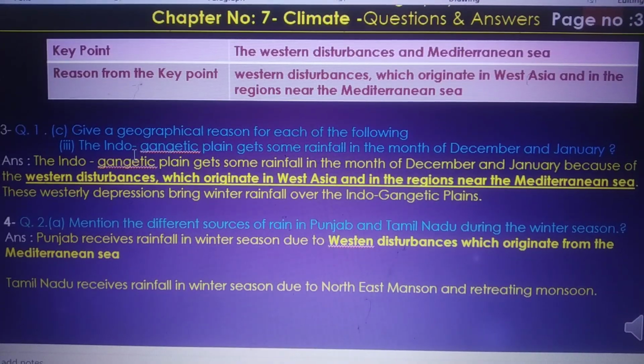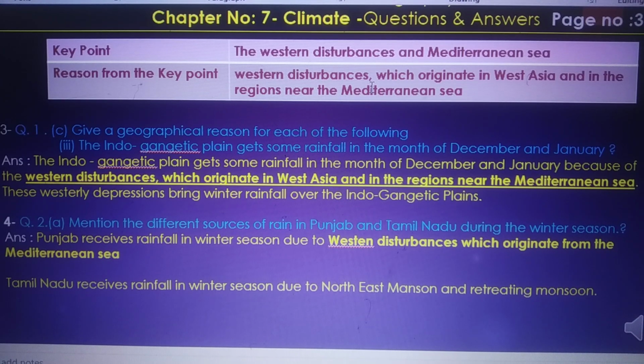And question number 3. Give the geographical reason for each of the following. The Indo-Gangetic plain gets some rainfall in the months of December and January. What is the key point here? The same, the western disturbance and the Mediterranean Sea. What is the reason for the key point?